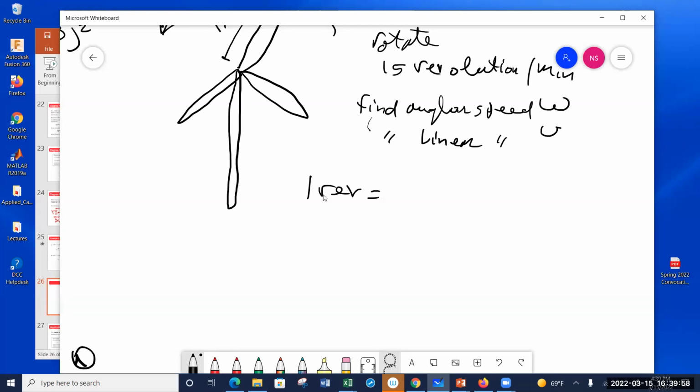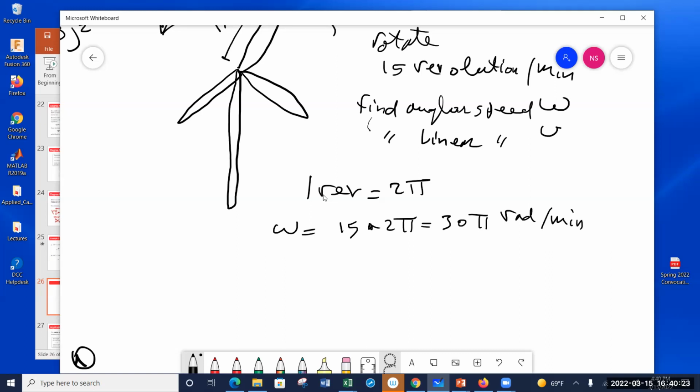Tara, how many pi's, or how many radians? 2 pi, right? So omega basically is 15 times 2 pi, which gives us 30 pi radians per minute.